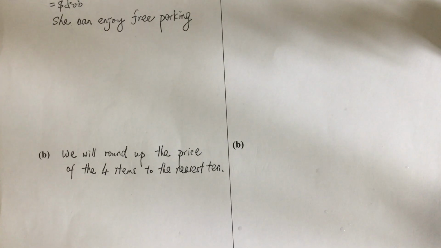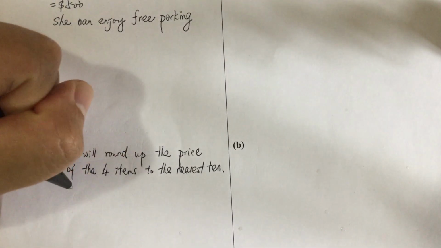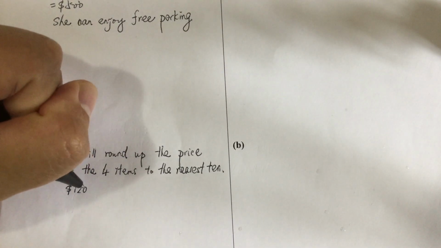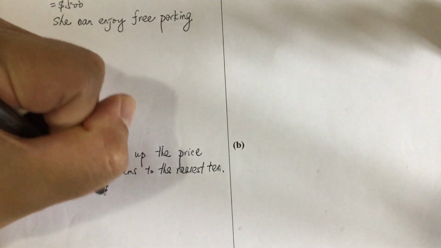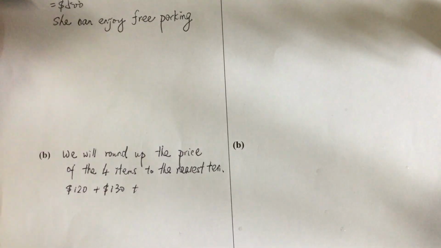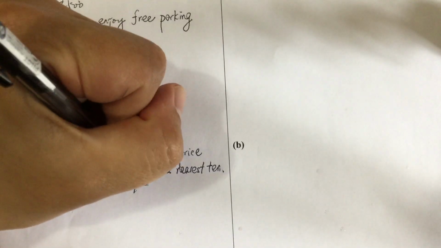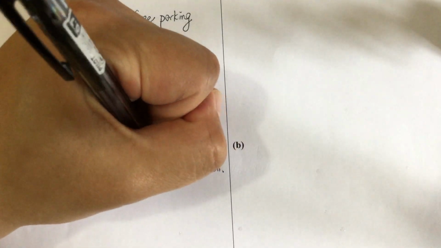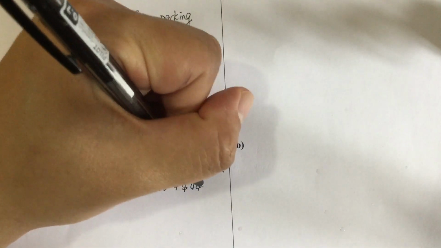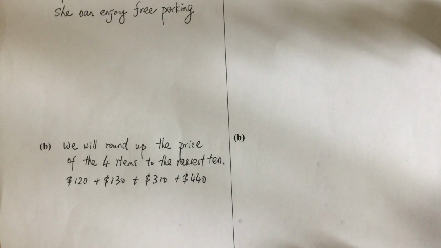So the first one is 118, we round up to 120. The second one is 121, I round up to 130. For the third one, 305, we will have 310. And the last one, 432, we have 440. So we choose these numbers, rounding up to the nearest 10.